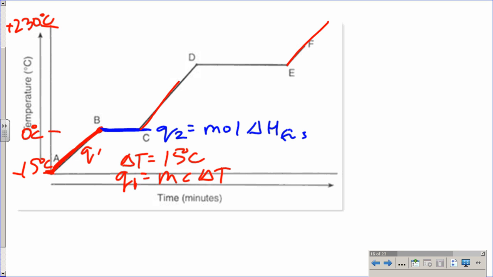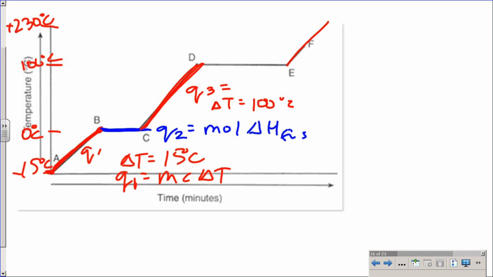Q3 is going up to what temperature? Right, 100, because you know that's where water starts to boil, so the liquid is going to top out at 100. What is the delta T here? 100, good, because you're going from 0 to 100, so it's just a 100 delta T. So Q3 is equal to what?